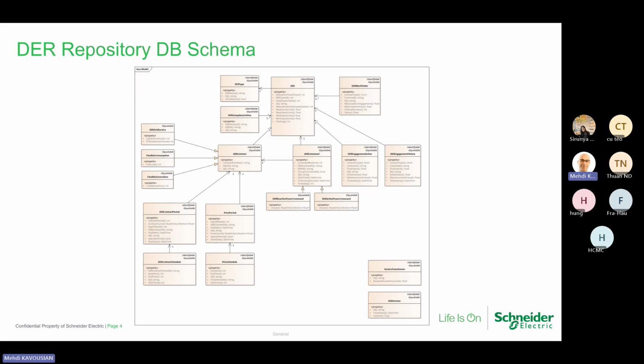We have an XML file format. We put it in a location. You don't need to do it every hour. Probably whenever you have a new DR or a new contract, you want to update, you put the file there, and it will be read and go to the database.